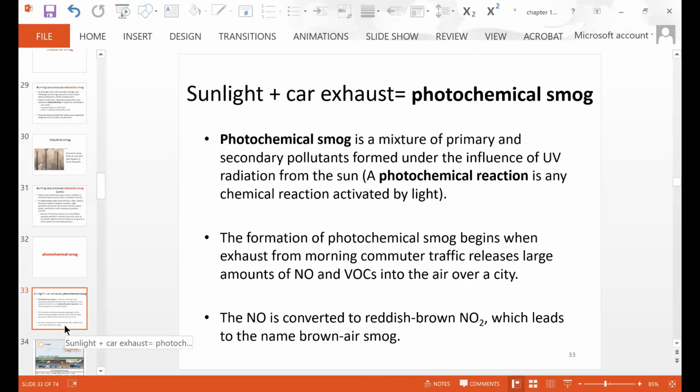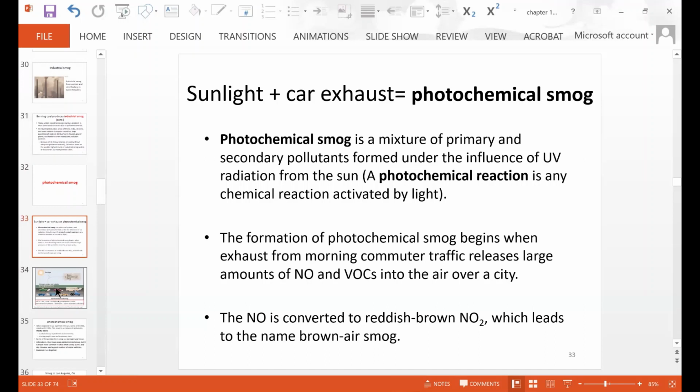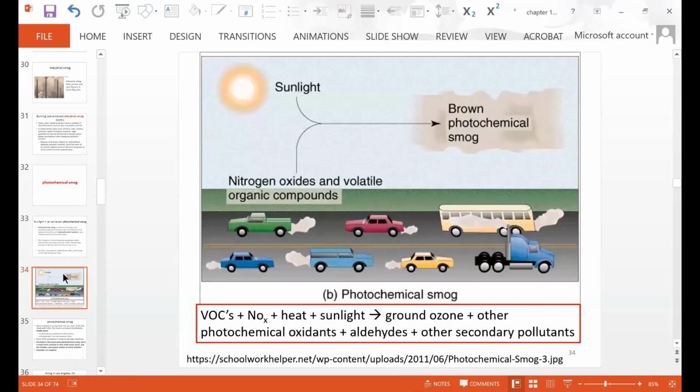If you look at a city in the distance on the horizon line, sometimes you'll see a pink hue just around where the buildings are. It doesn't go too much higher up into the air. It's kind of low to the ground, just around skyscrapers, maybe a little bit over them. But that pinkish hue that you see is the reddish brown nitrogen dioxide.